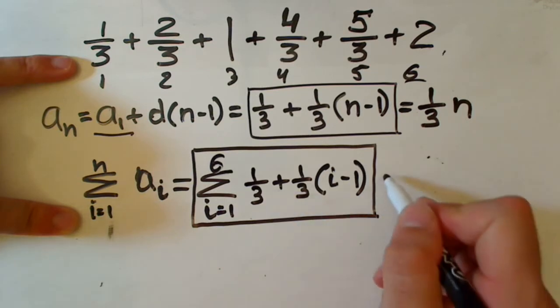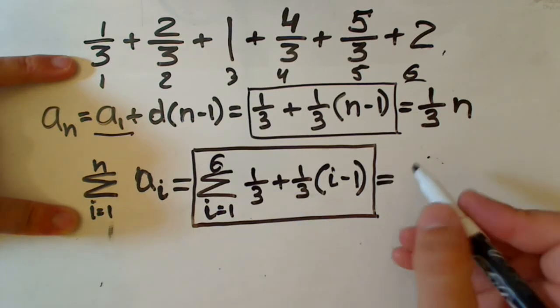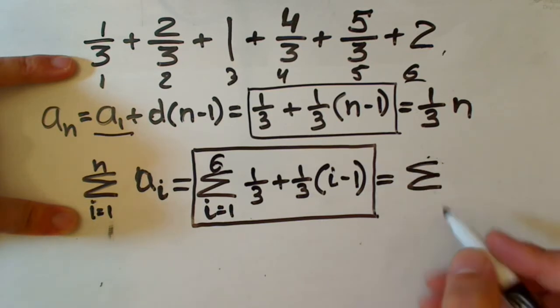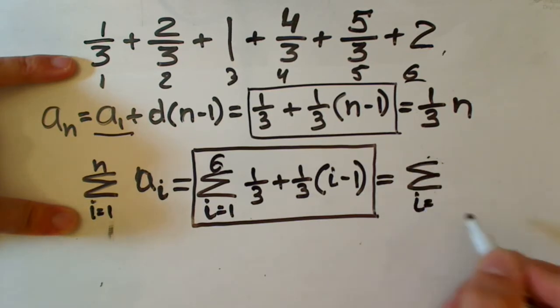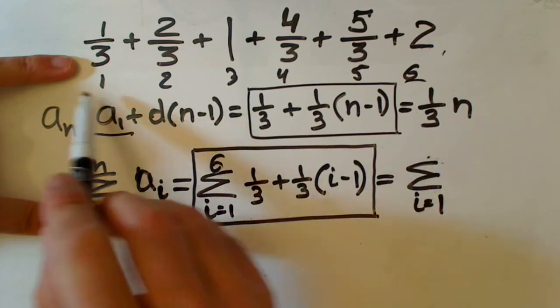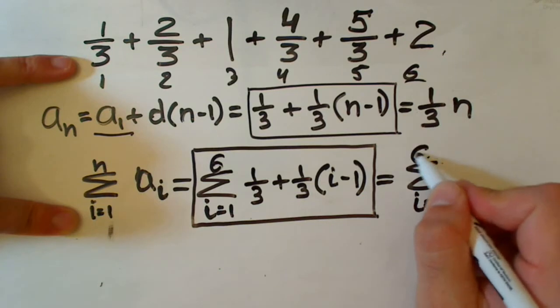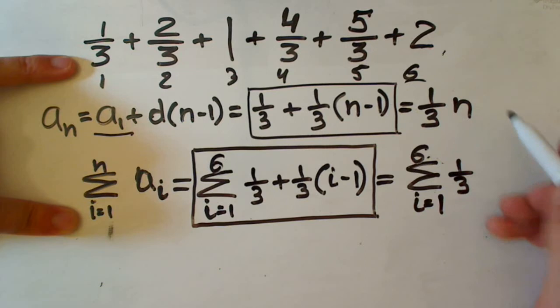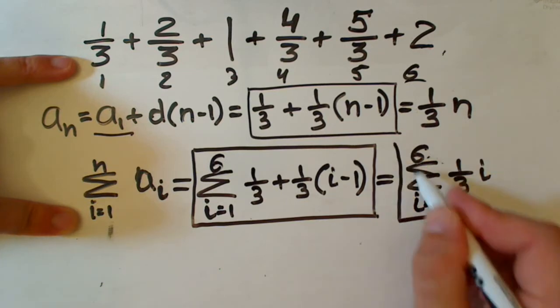Again using sigma notation, we express the starting point: i equals 1. How many terms do we have totally? 6. And our general term is 1/3, now using i instead of n. And this is another representation.